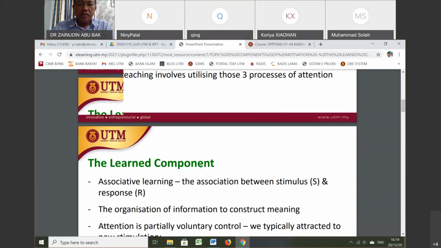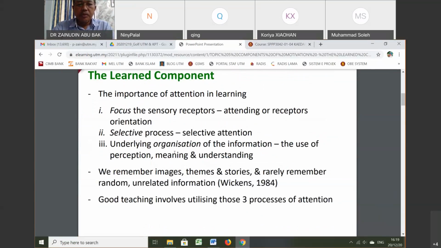If we look back to the first one, you put attention and select which information needs to be attended to, and then in the third stage, you connect to your thinking processes. Those are three processes that connect the whole process of learning.